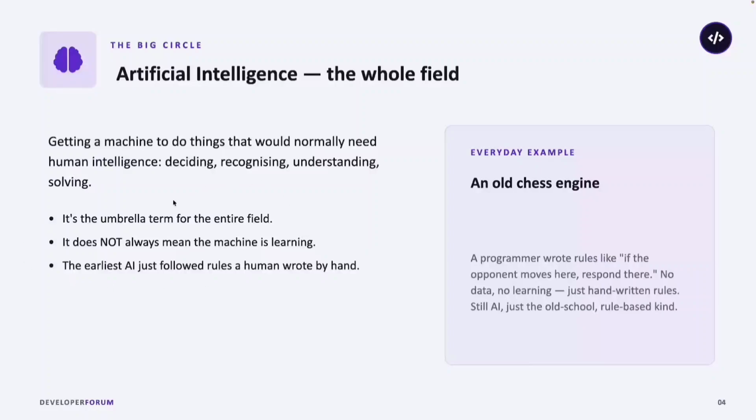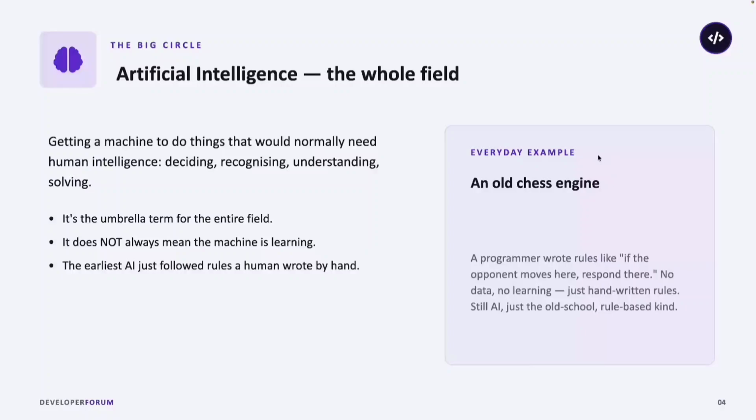Now here's the part most people miss. AI does not automatically mean the machine is learning. Some of the earliest AI didn't learn anything at all. It just followed the rules that a programmer wrote by hand. Think of a really old chess game. Someone sat down and wrote instructions like, if the opponent moves here, respond there.